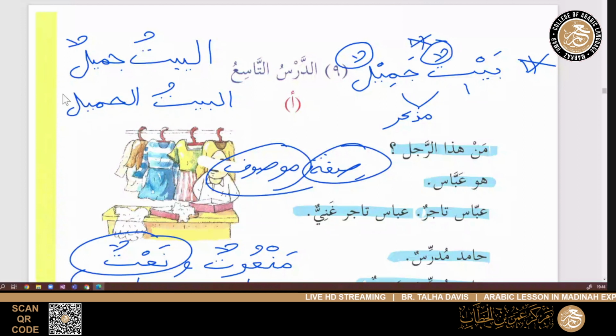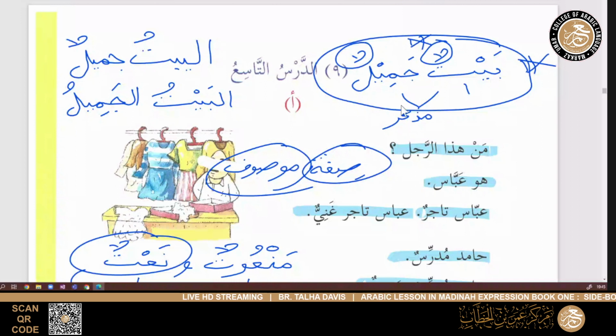Think to yourself, what does it mean? The first one, baytun jamilun, means a beautiful house. It's nakira, indefinite. The second one, al-baytu jamilun, means the house is beautiful.